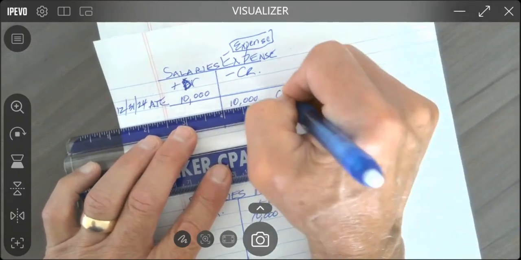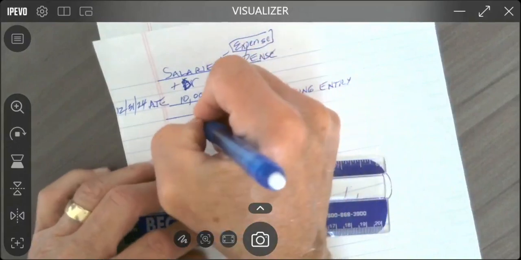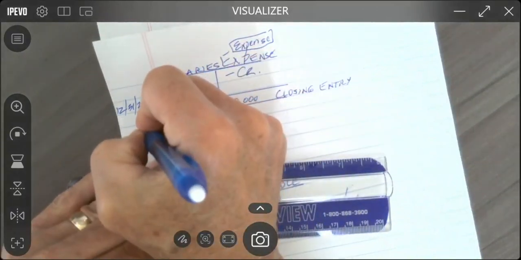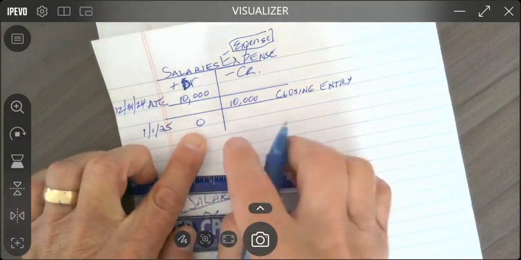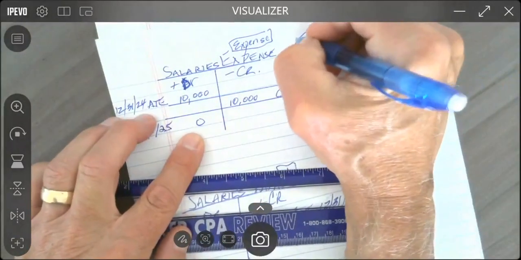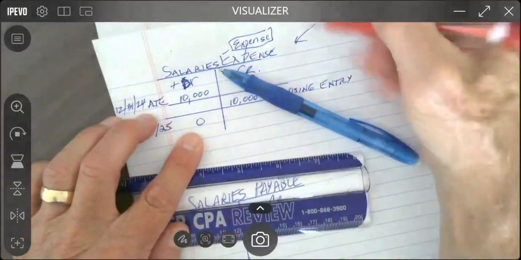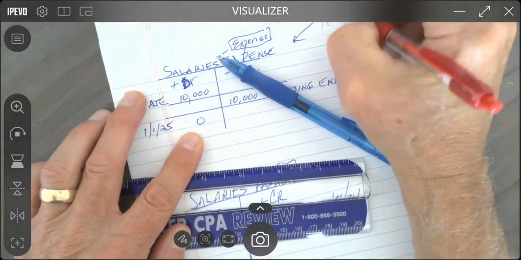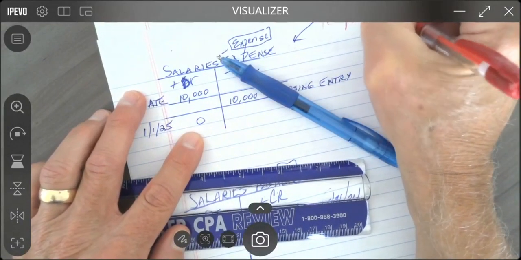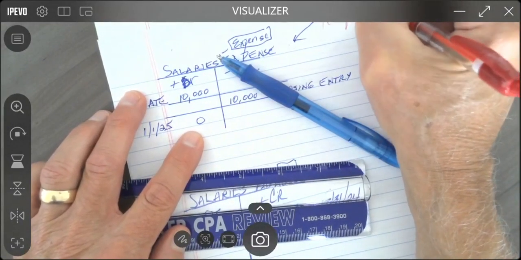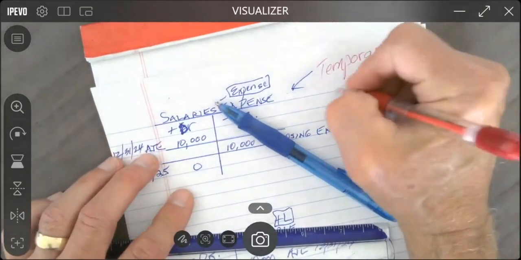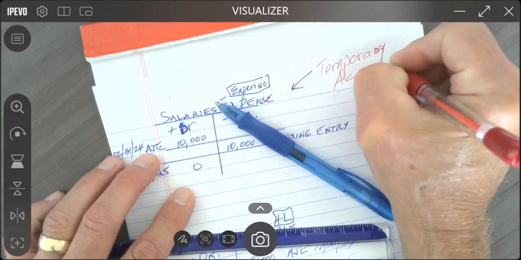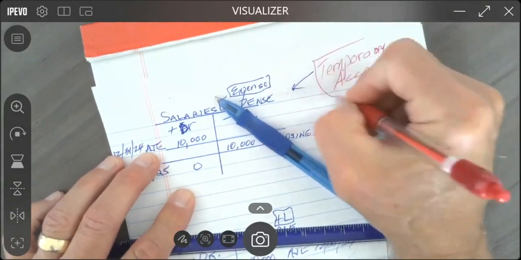And the point of the closing entry, whatever the total is, is to start the balance over in the temporary expense account and start adding up salaries in the next year. Okay, temporary account. Exclamation point there for you.